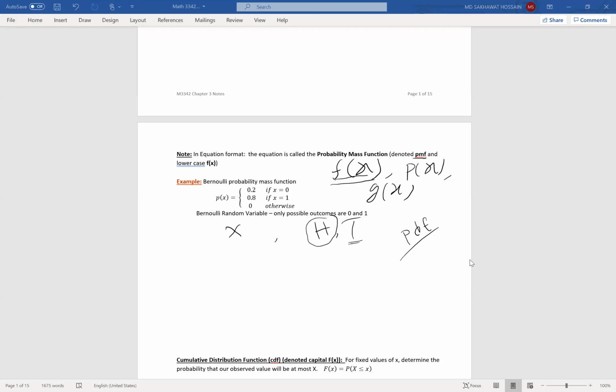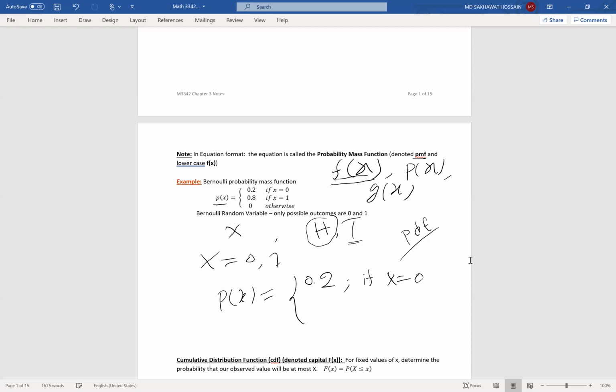So for the Bernoulli distribution, the random variable will have only two values, either 0 or 1. Here we denote the function by p of x. So p of x is equal to 0.2 if x is 0.